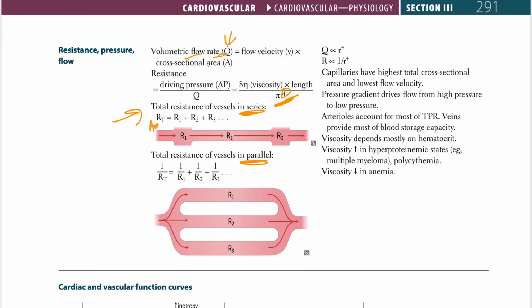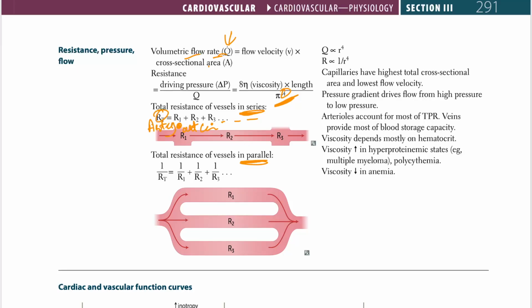Let's say this is an artery, the first one. The second one is your arterioles. The third is going to be your capillaries, and so on. And the total pressure is just decreasing as you move on. It doesn't have an equal pressure, right?